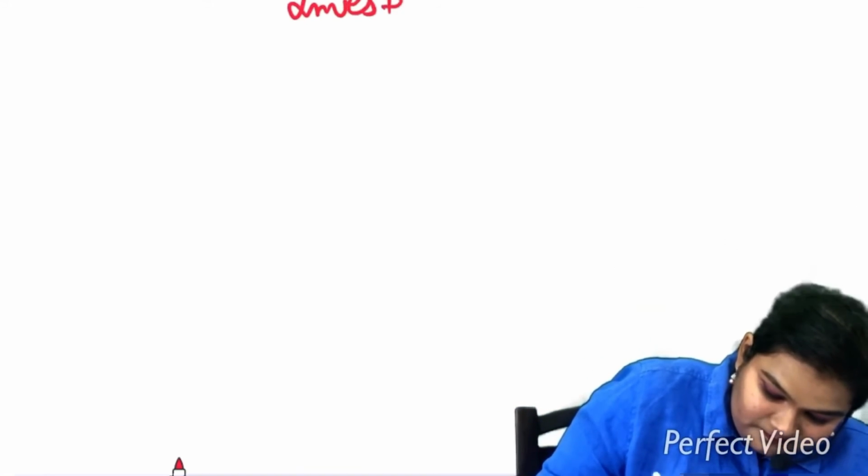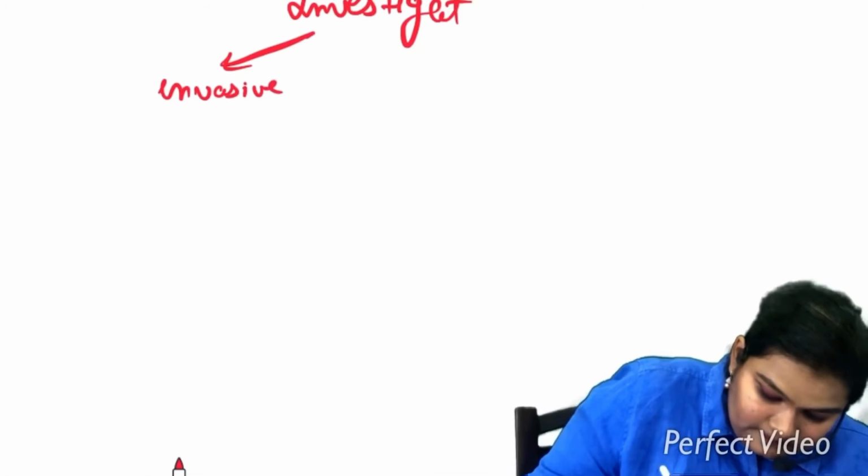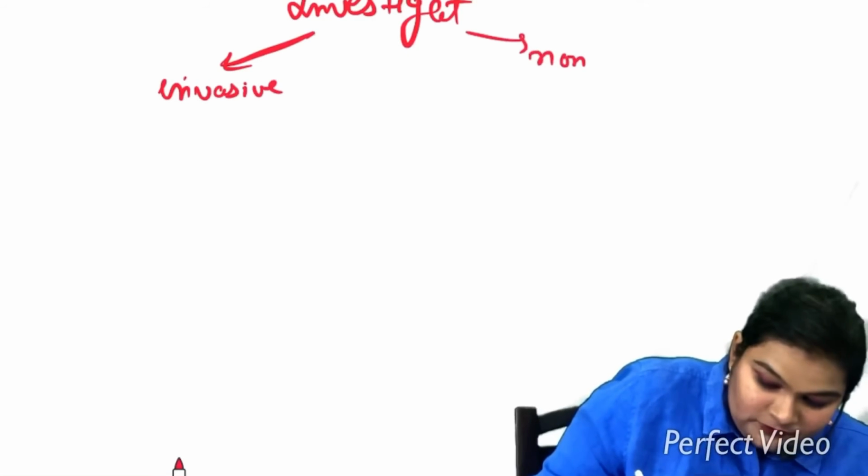Now let us move towards the types of investigations you have in radiological imaging on the basis of whether it is invasive or non-invasive. So we have investigation, we have invasive, and then we have non-invasive.